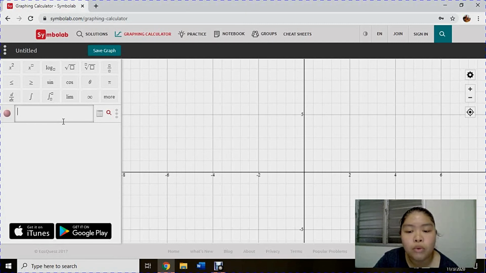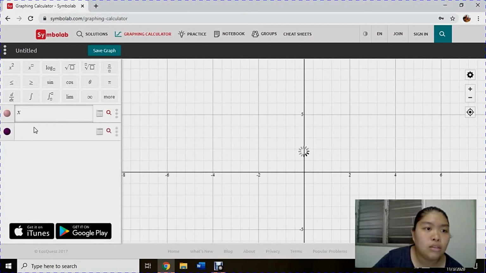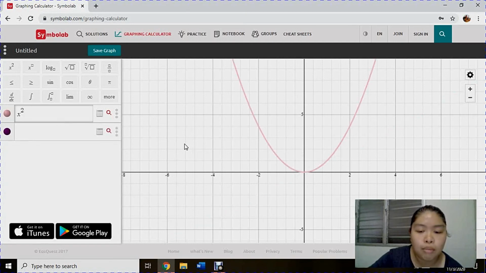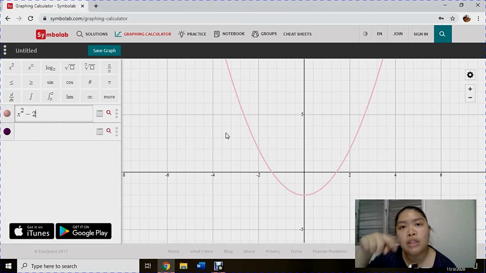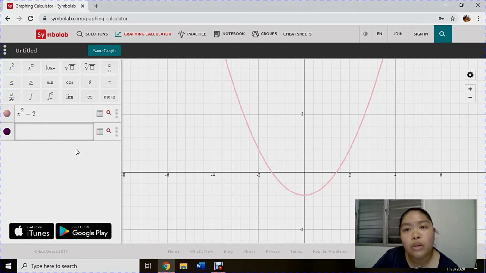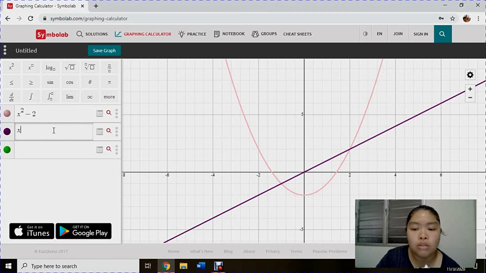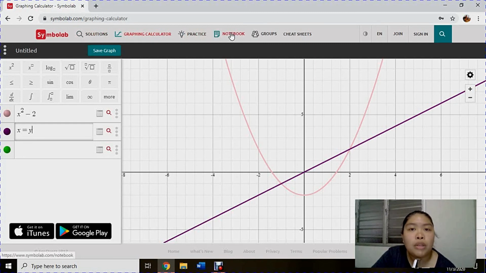For example, if I have an equation given as x squared minus 2, which is a quadratic equation that will give a curve, a parabola, and another equation that is a line equation, x is equal to y. It will give us a line that passes through the origin.